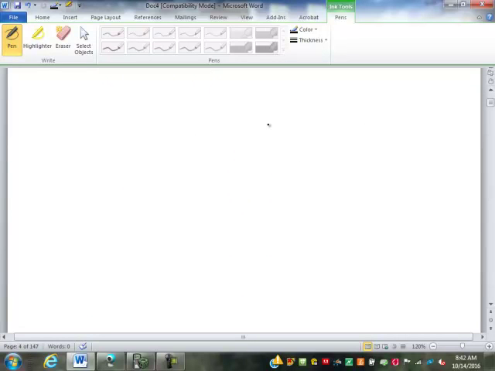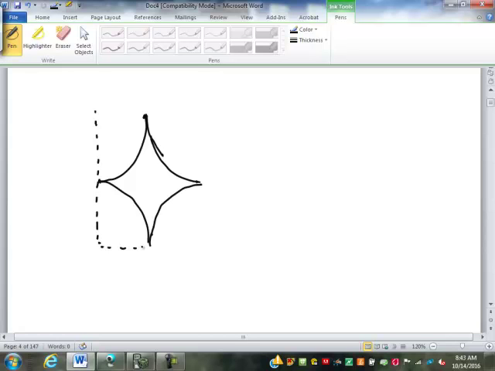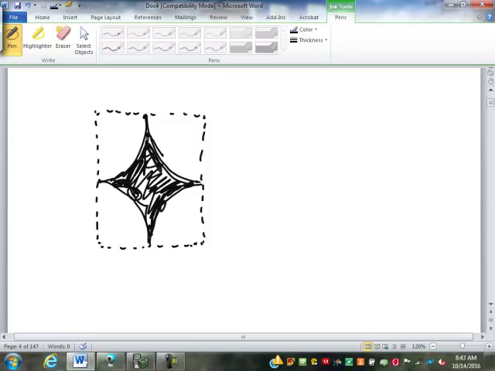Now let's have a little fun with it. Find the area of the darkened region.